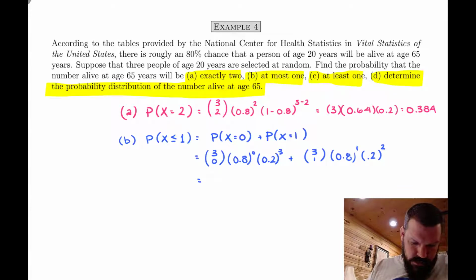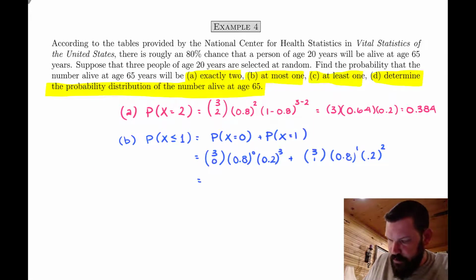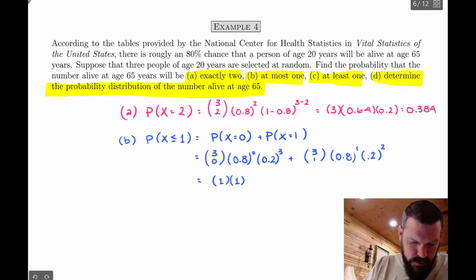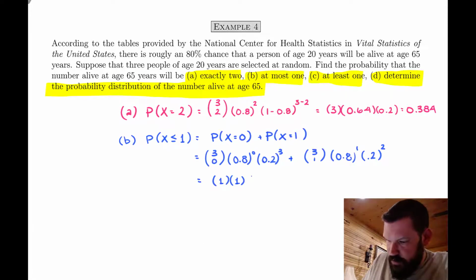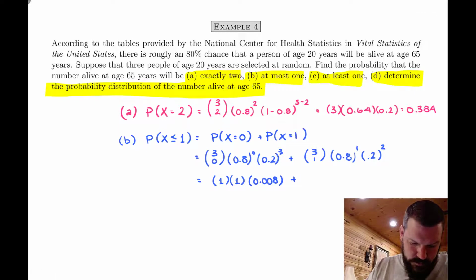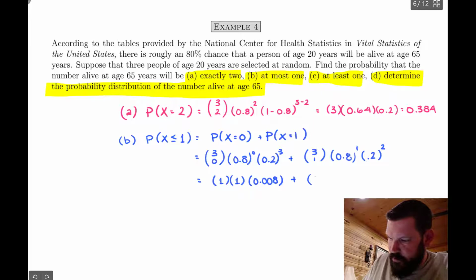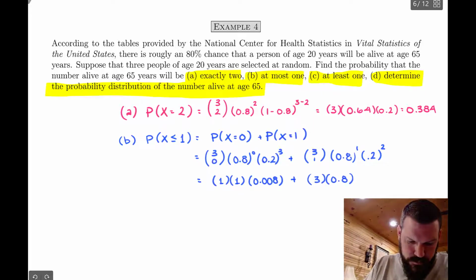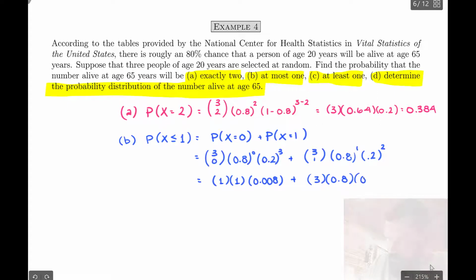We get 1, 1, 0.2 to the third is 0.008, plus 3, 0.8, and 0.04.